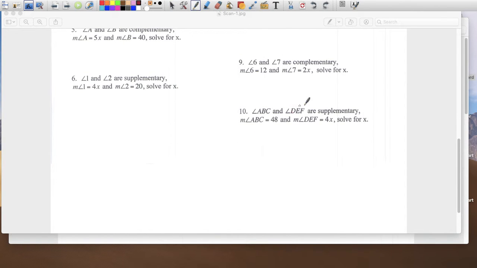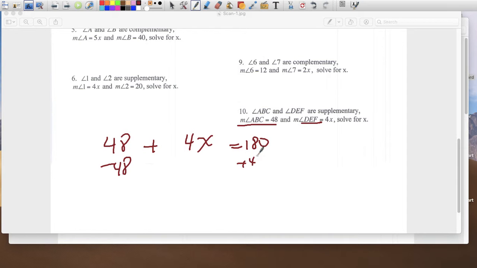Angle ABC and angle DEF are supplementary, so one angle plus the other, they're going to give you 180. They say that angle ABC is 48. Angle DEF is 4x, so this is my equation that I'm going to work with. Minus 48, minus 48, by the way.